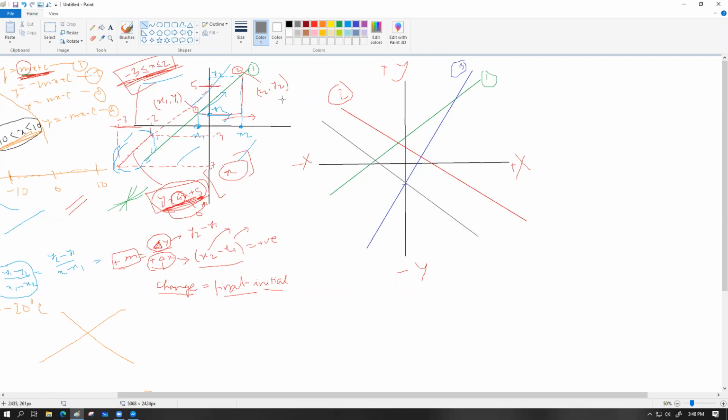I should label this as 4 first. So we can say that both line 3 and line 4 have this cutoff, a common point that can have a coordinate of (0, minus c).